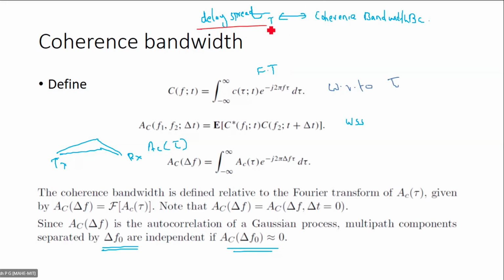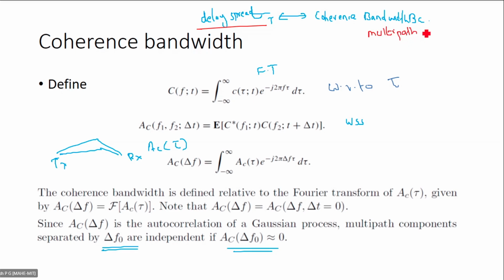We have explained what delay spread is and the ill effects caused by delay spread, and we have explained the diagram in time domain, right? So if you consider the effect in frequency domain, the frequency domain version of delay spread is called coherence bandwidth. Basically, these two terms, delay spread and coherence bandwidth, are associated with multipath.